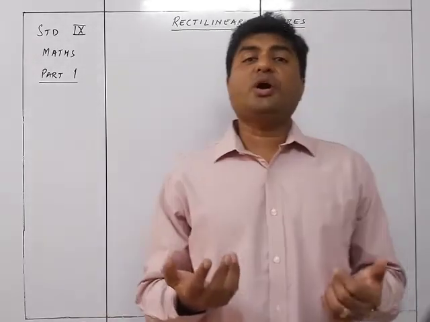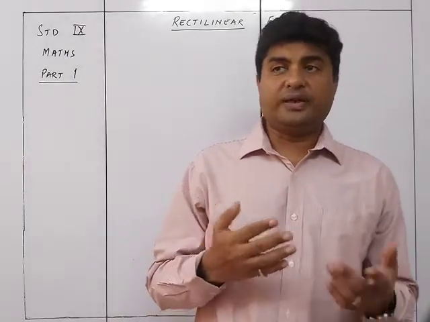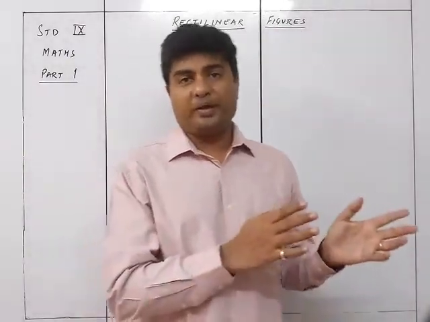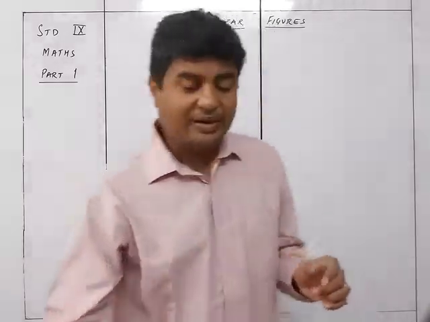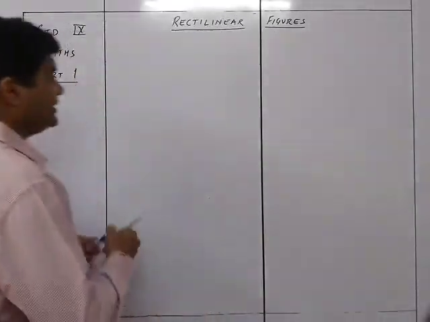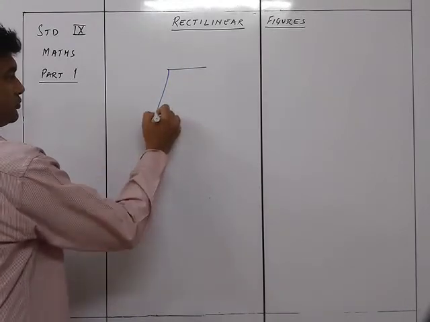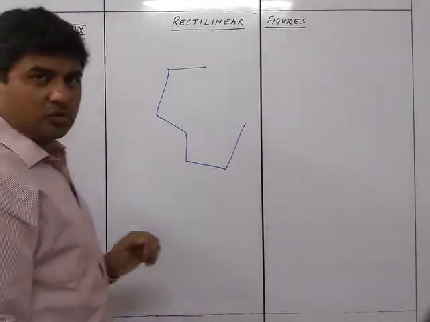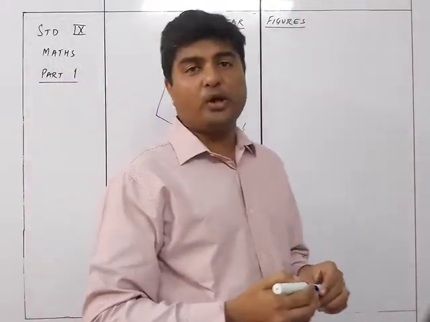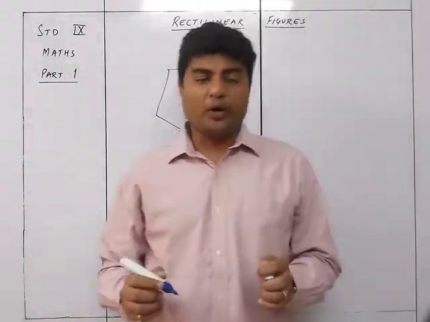Now in case of the rectilinear figures, there could be an open kind of polygon, where the lines do not touch each other at the end. Like if it is like this, they are not completing. So that is an open polygon.